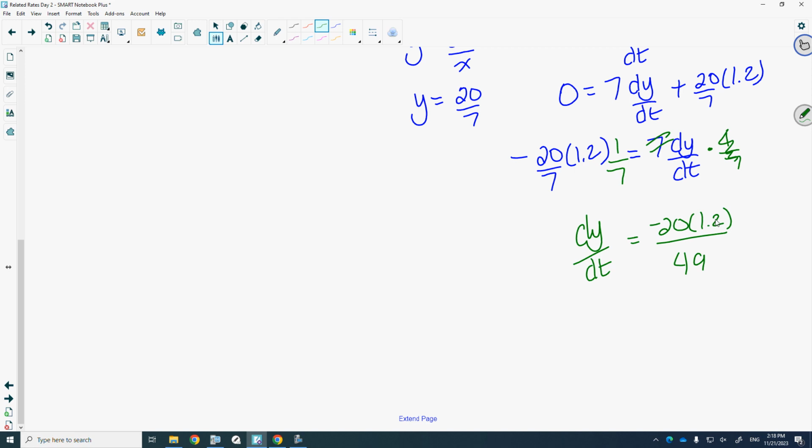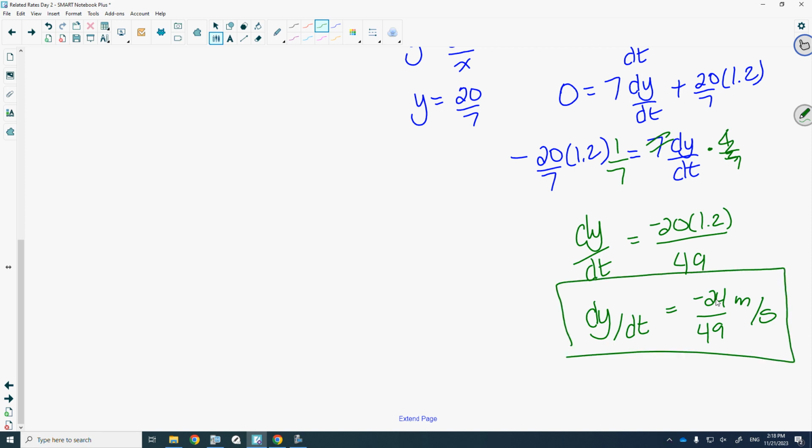So the answer for the last 0.5 would be negative 24 over 49 meters per second. So the shadow is decreasing at a rate of, it's going down 24 meters every 49 seconds is what's happening. Okay. And again, you'll practice each one of these in your homework.